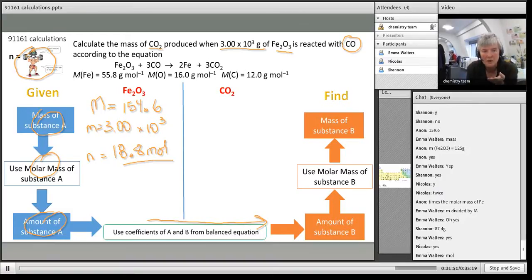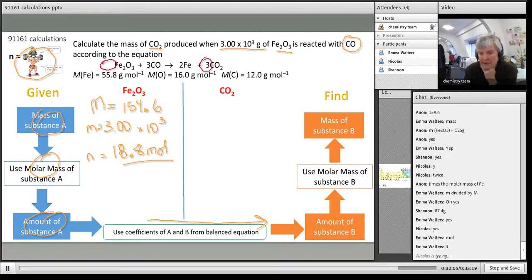I've got 1 in front of there, and I need to know CO2, so I've got a 3 in front of there. So how many moles of CO2 have I got? Do I multiply by 3 or do I divide by 3? I multiply by 3.